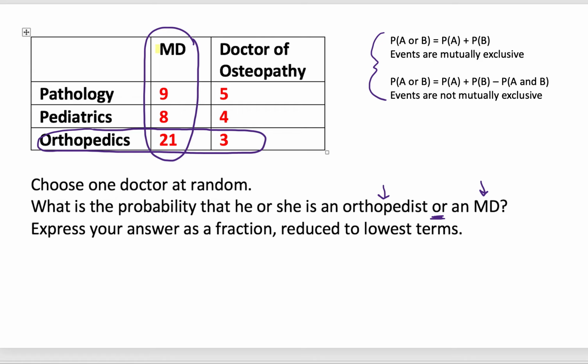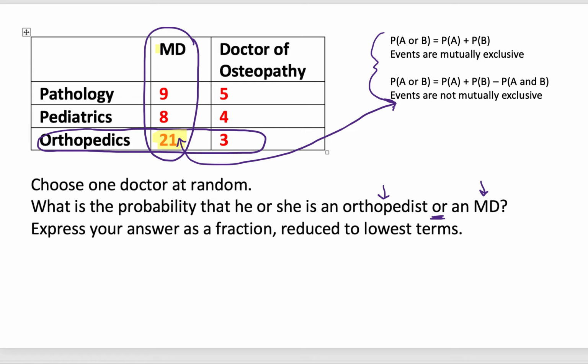We can see that these 21 people right here are part of the MD group, the column, and they're also part of the orthopedic group, which is the row. And so these events are not mutually exclusive because you have these 21 people which overlap between the two events.